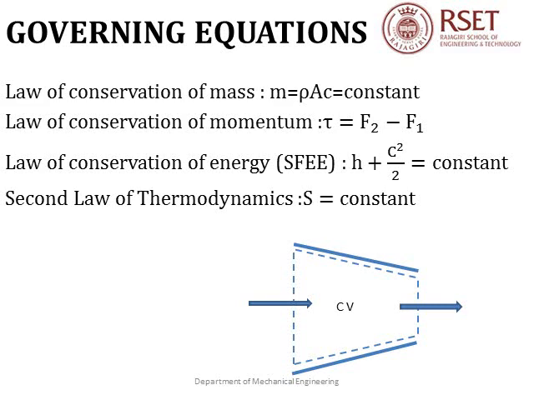Or we can write H plus C square by 2 is equal to a constant, which means the sum of enthalpy and kinetic energy remains constant throughout the fluid flow.